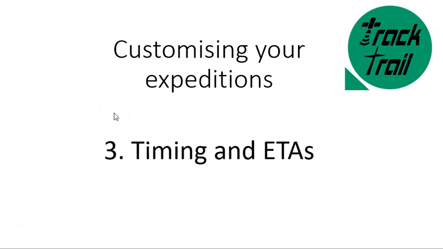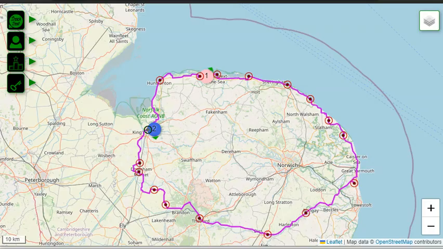What does this involve? Okay, let's drop back onto this route here. So for timing and ETAs, if you wanted to take advantage of that feature, you would have to have checkpoints, usually checkpoints implemented into your GPX.